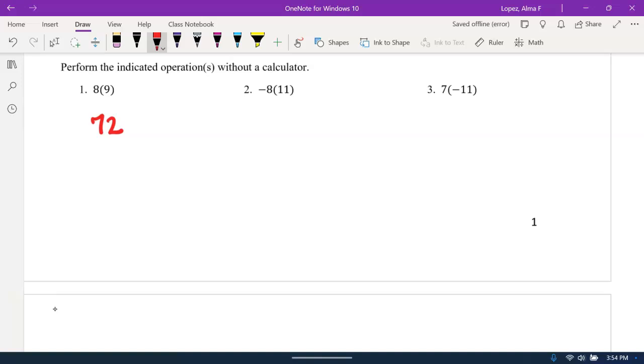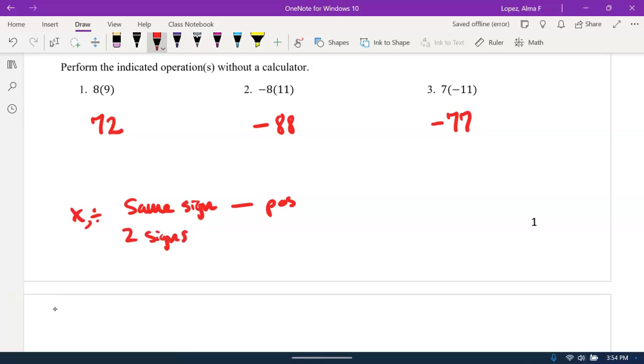One negative number times one positive number. 8 times 11 is 88, and because it's different signs, we're going to keep a negative answer. 7 times 11 is 77, and because they're two different signed numbers, the answer is negative 77. Remember, same sign, this is for multiplication or division, we get a positive answer. Two different signs, we're going to get a negative answer.